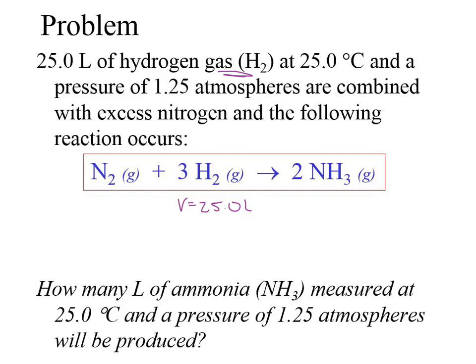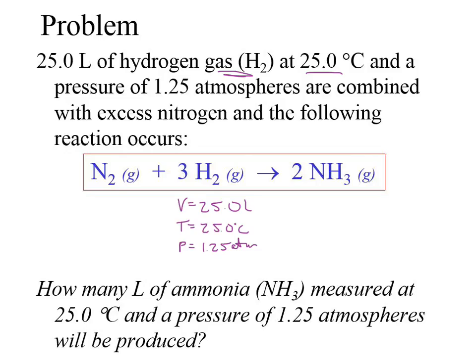Notice it gives the temperature, T is equal to 25.0 degrees Celsius. Whenever you're doing gas problems, degrees Celsius needs to go to Kelvin. And it also gives the pressure in units of atmospheres, 1.25 atmospheres.